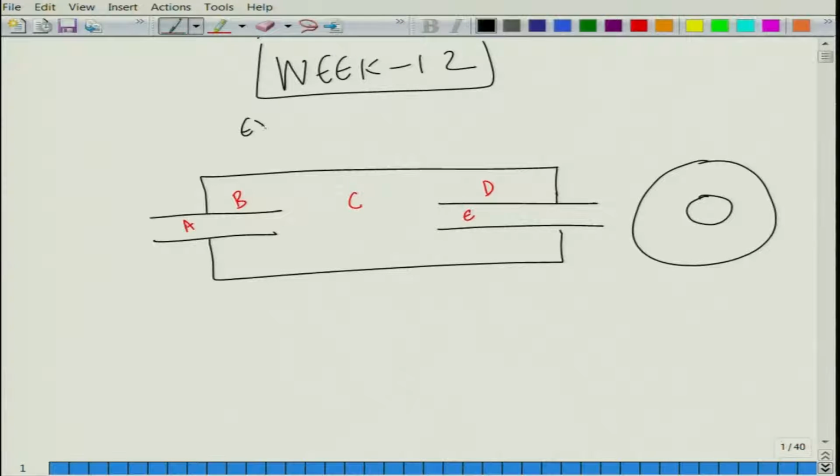This is an extended inlet and outlet system, as we have been reading about since week 4 or so. There is no perforated pipe, this kind of thing is not there. It is just an extended inlet and outlet system.